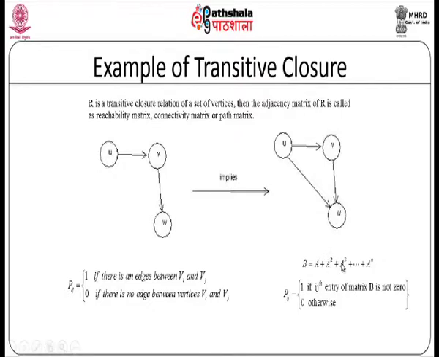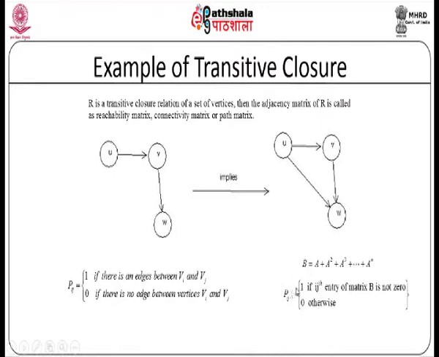Similarly, the matrix having path length 3, and like that up to path length n. In other words, we can compute these matrices, and when we add everything we get another matrix called B, and once we have the matrix B, then we can easily generate the path matrix.